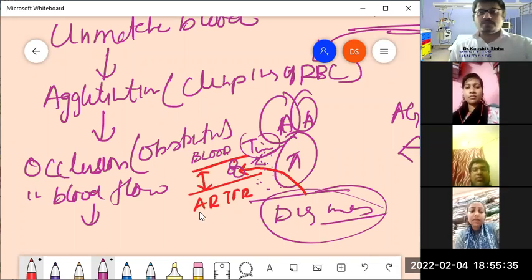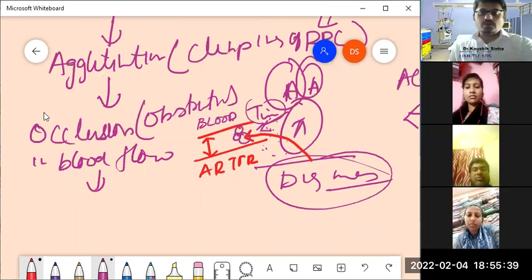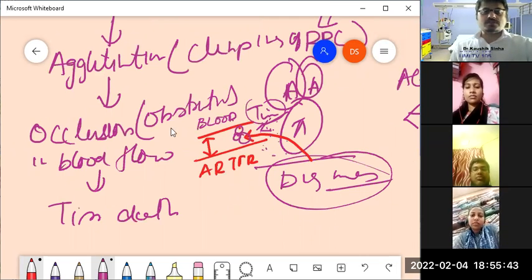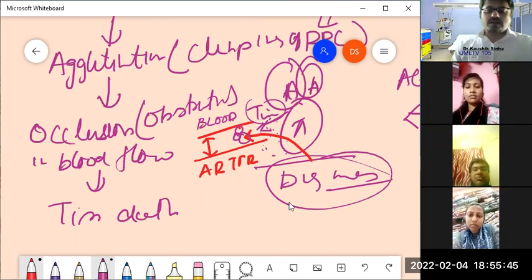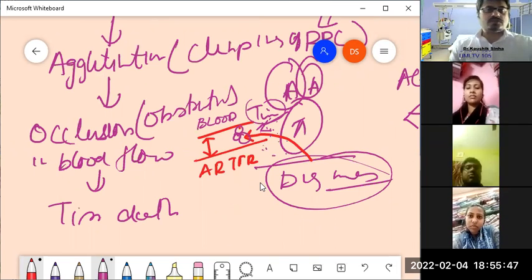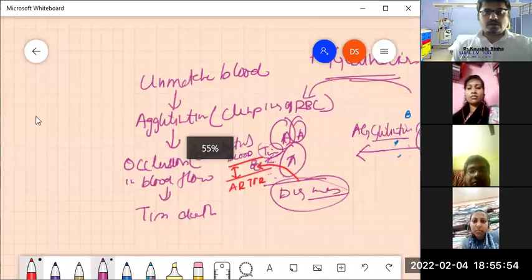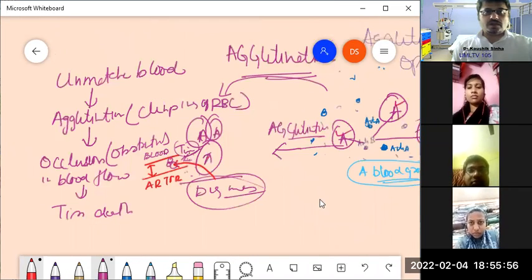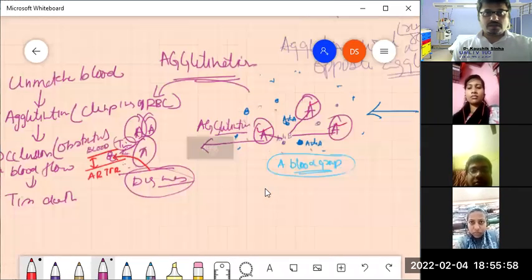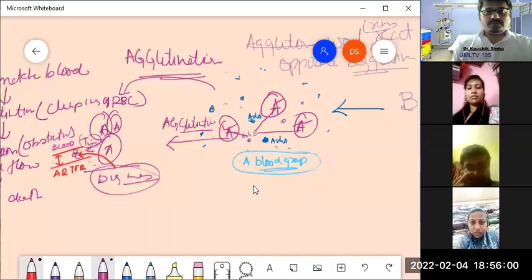And since blood flow is getting impeded, is not flowing properly, the tissue death occurs. And this can occur across multiple different organs. So that is how each individual organ suffers damage. Have a look on the board and confirm whether you have understood this part or not. And then I will teach you the other blood groups as well. I mean, the other groups of this ABO system.